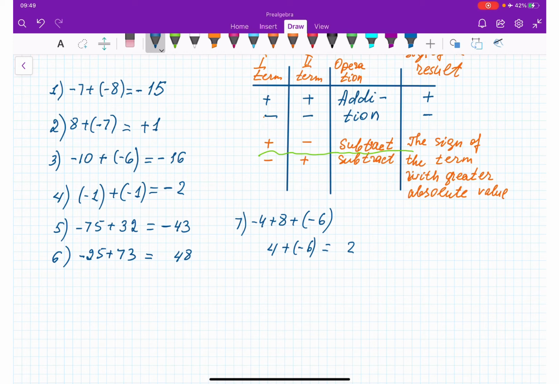So I found explanation to my confusion. So, okay, 4 and 6. 6 is a bigger number and it has negative sign, so the sign is going to be negative. Number 8.